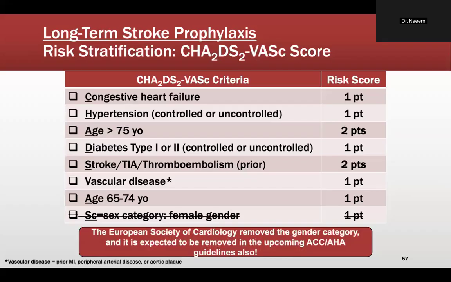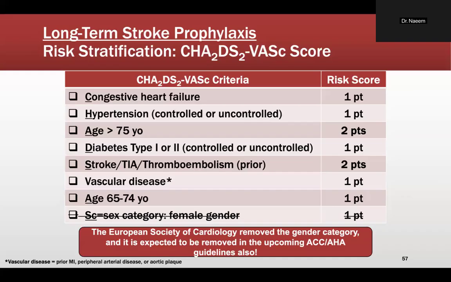Okay. So this is the update, which I think I mentioned towards the beginning. We have the European Society of Cardiology. They removed the gender category, and it's expected to be removed in the upcoming ACC/AHA guidelines as well. So this is an expected change that may potentially happen. They just found that the female gender being part of the scoring criteria isn't necessarily something that they have to account for.